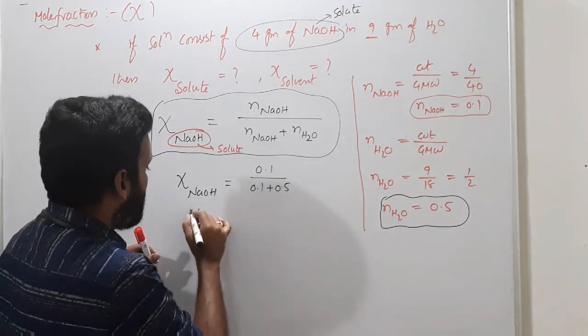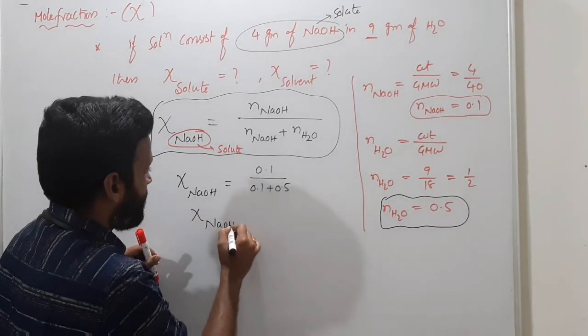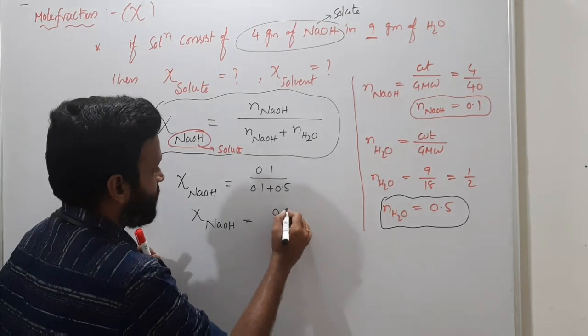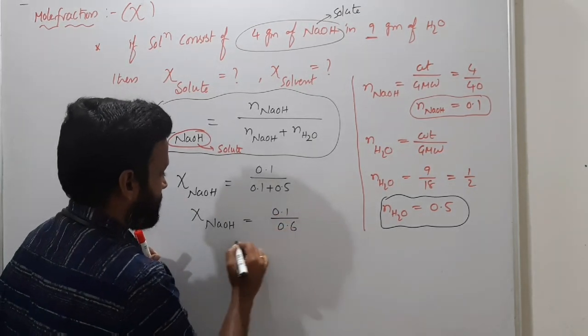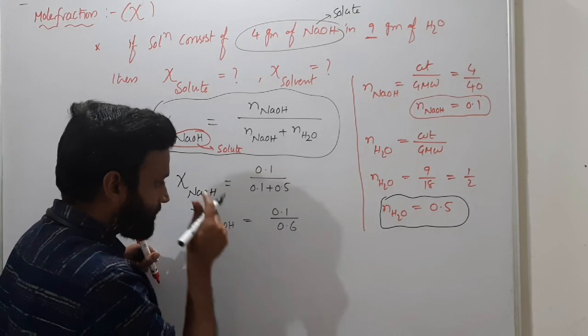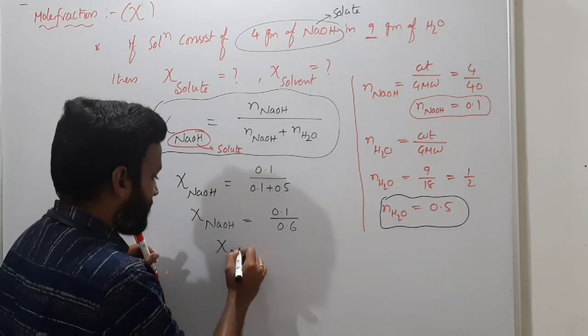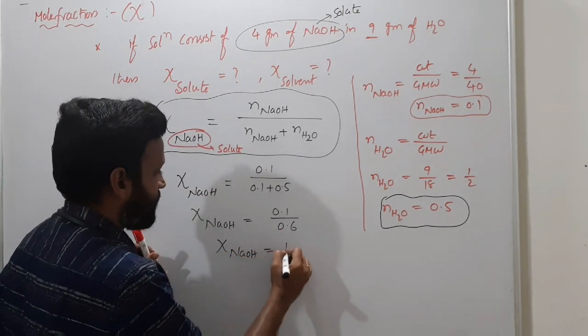Very clear? So it is 0.1 by 0.6, that means 1 by 6. So the mole fraction of NaOH is 1 by 6.